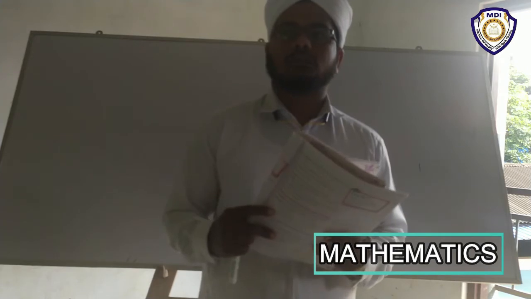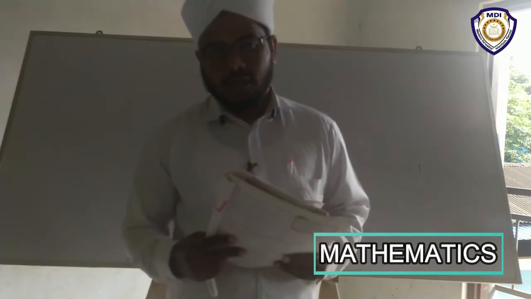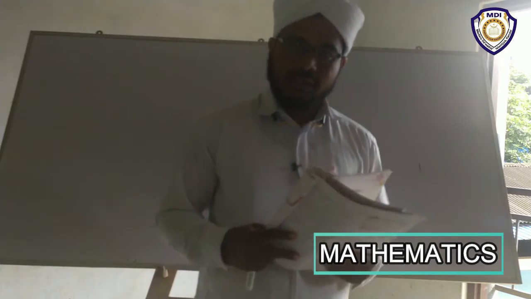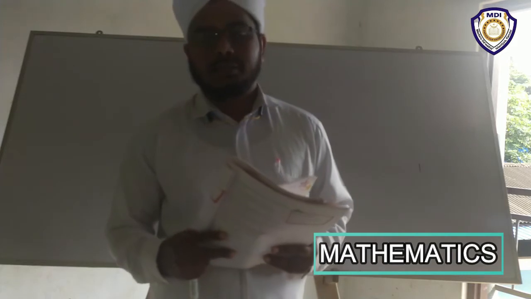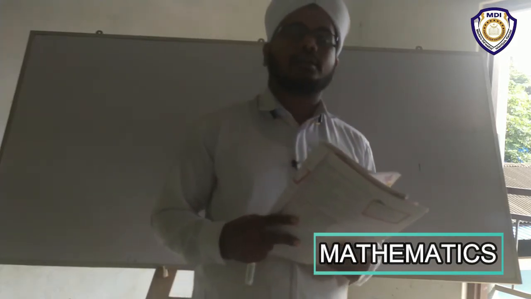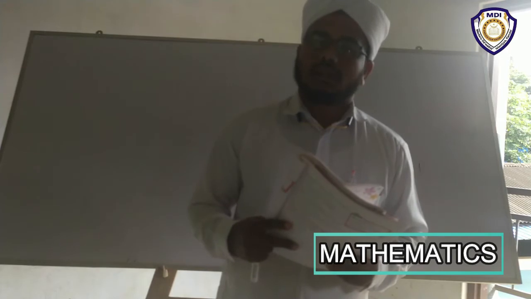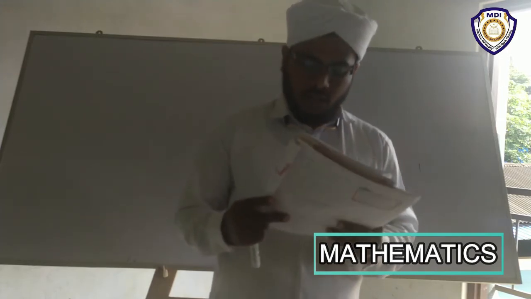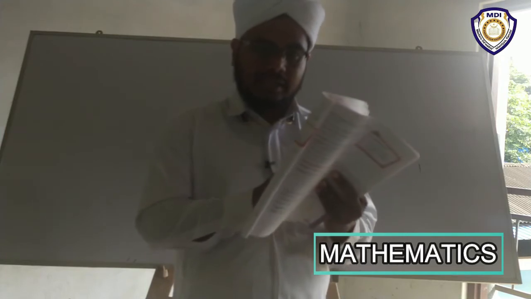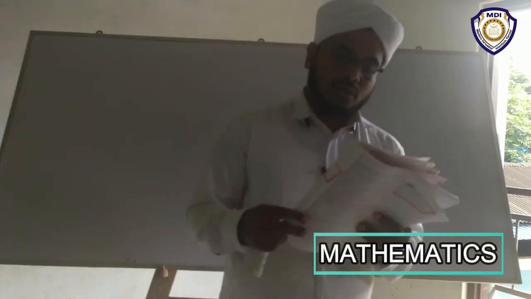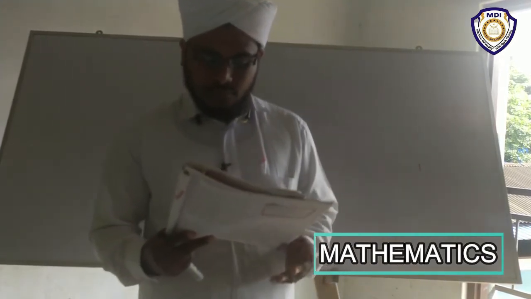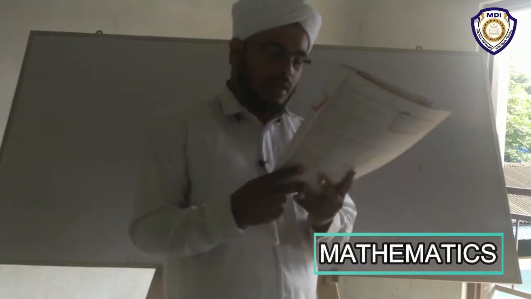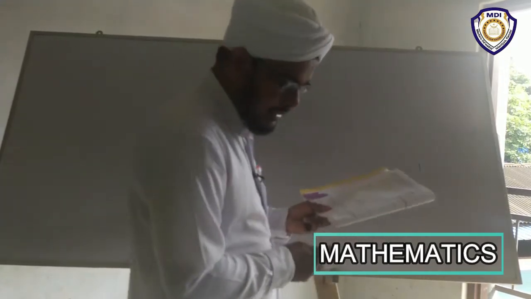In this chapter we have studied what is a factor, what is a multiple, what is an even number, odd number, prime number, composite number, divisibility of numbers, and we have discussed at last HCF, highest common factor. Today our topic is HCF and LCM.